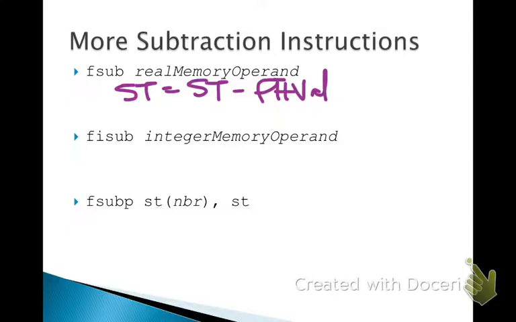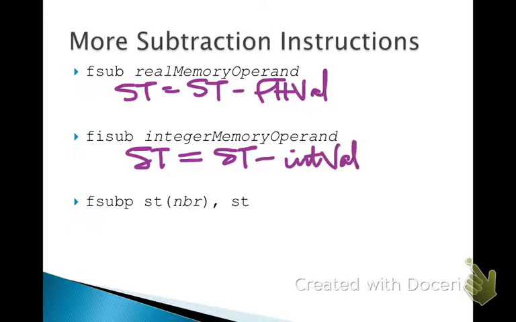Integer subtract. We can use some integer value stored in memory as our source. However, the destination implicit, again, is stack top. So this is going to calculate stack top minus whatever integer value in memory you indicate.